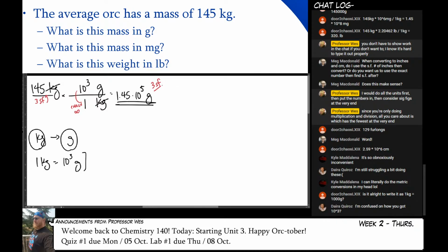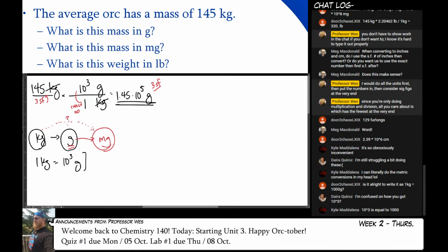All right. For the second problem, I want the mass in milligrams. And what that means is that, if I have this in grams, I could then go to milligrams, right? Now, is there a conversion from kilograms to milligrams directly? It turns out the answer is not one that's easy to use.